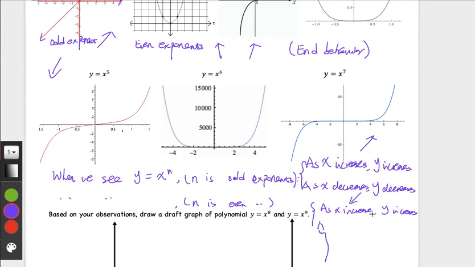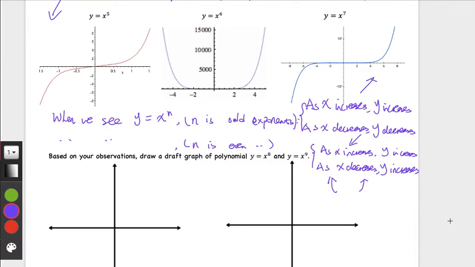However, this time, as x decreases, which is the left side of the graph, because the graph looks like a U, no matter whether x increases or decreases, y always increases. That is the basic conclusion we got from this.